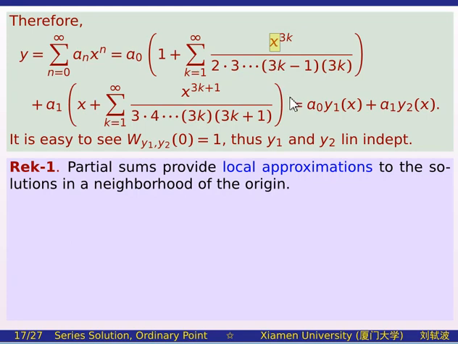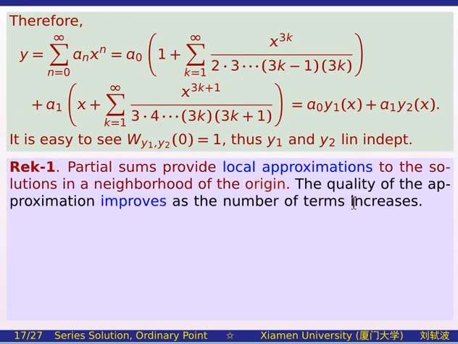But in our case, the power series is about the origin, that is x0 is 0. So our partial sum is a local approximation for the solution near 0. Of course, the approximation might not be very good. If you want a better approximation, you should increase the number of terms.